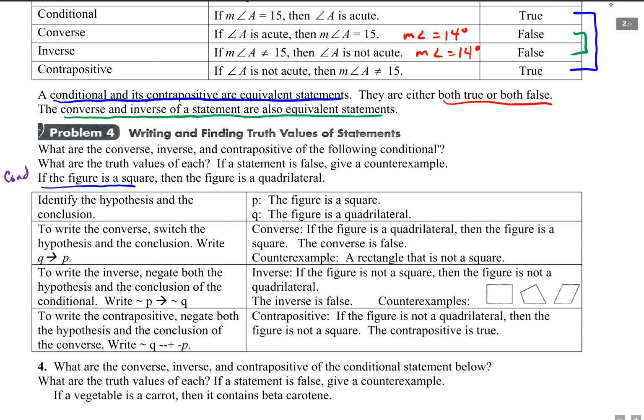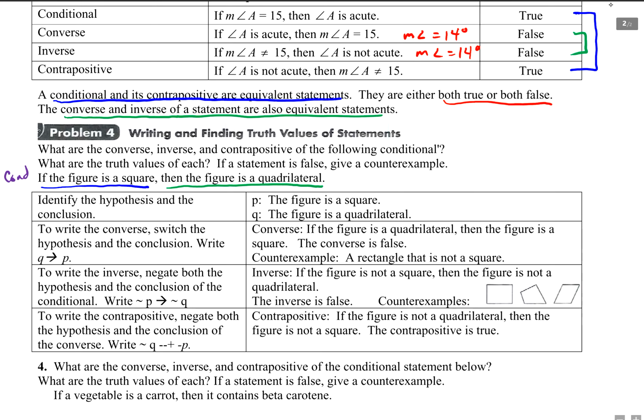If the figure is a square, there's our requirement, our hypothesis. What's the result? Then the figure is a quadrilateral. All right, let's look at this. Hypothesis, square. Conclusion, quadrilateral.